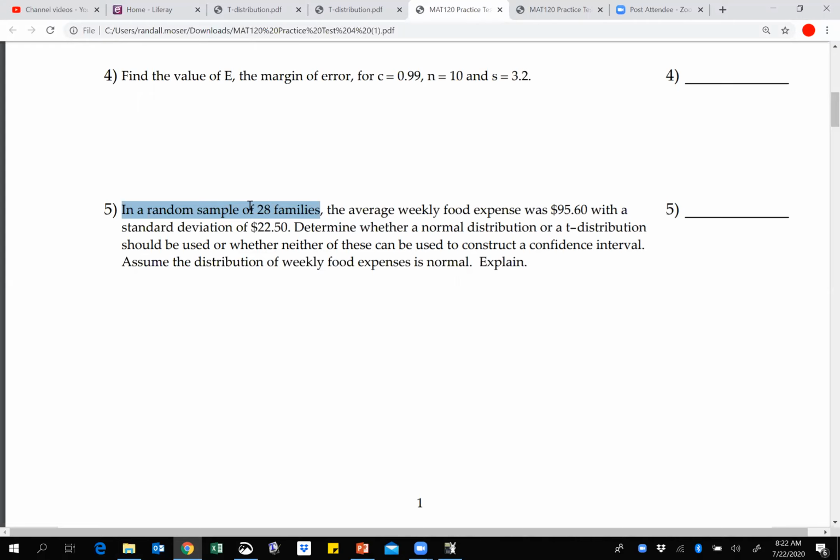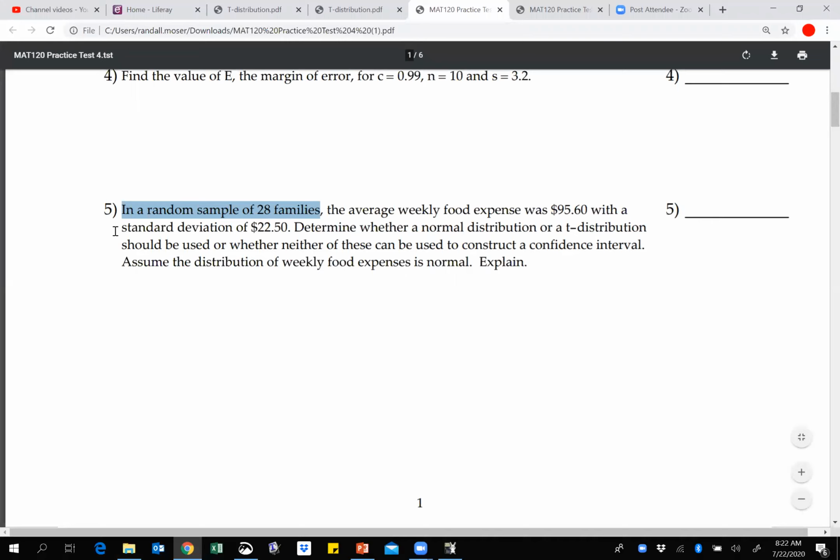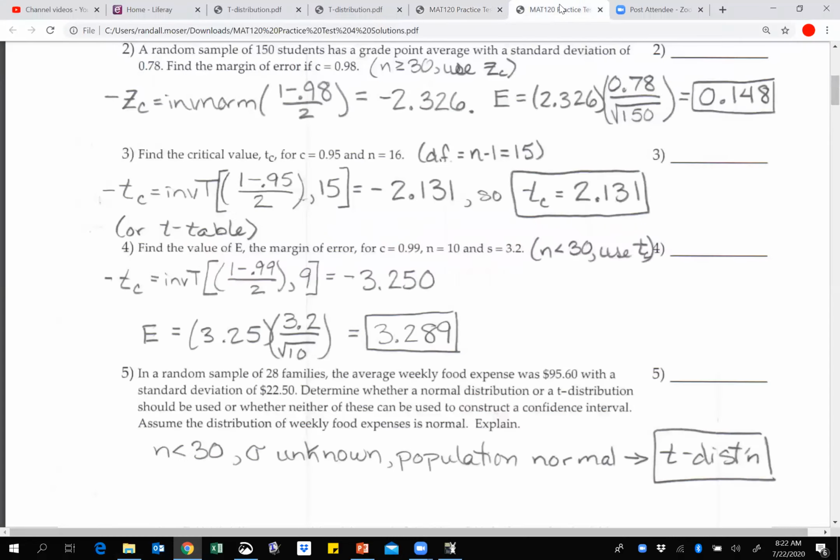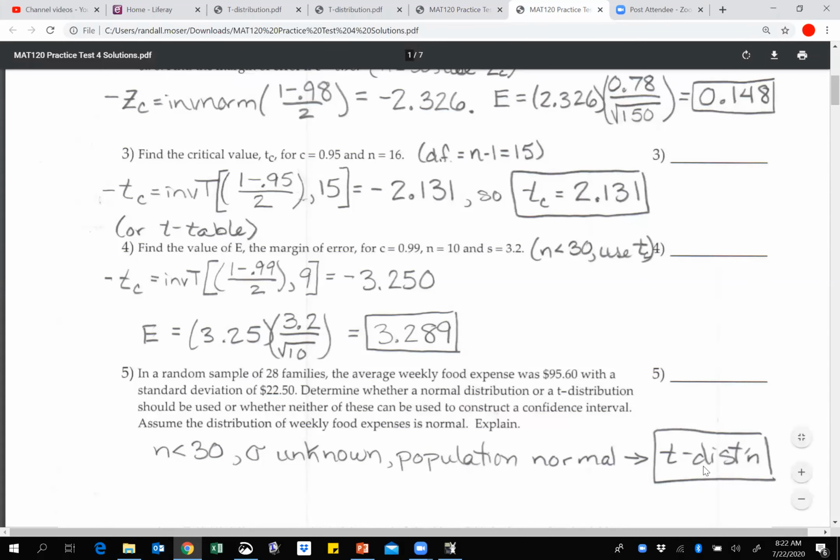That's the one where we have to be very careful. And for the standard deviation, they don't put the qualifier population or sample in front of it. But remember, this entire remaining sentence is describing that sample. That means that this 22.5 is the sample standard deviation. And because we have a small sample size with s, that means we're going to be using the t distribution.